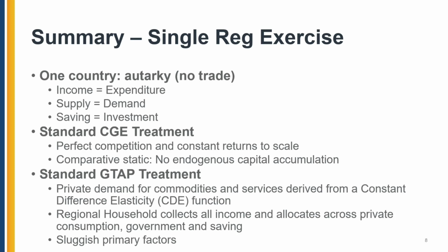And so with these agricultural splits, land is an important factor of production, and land is a primary factor that does not easily move between uses in agriculture. It can be very difficult to move paddy rice land to row crop production. And so GTAP has this tradition of giving the modeler flexibility to introduce sluggish primary factors that move at some cost between uses.